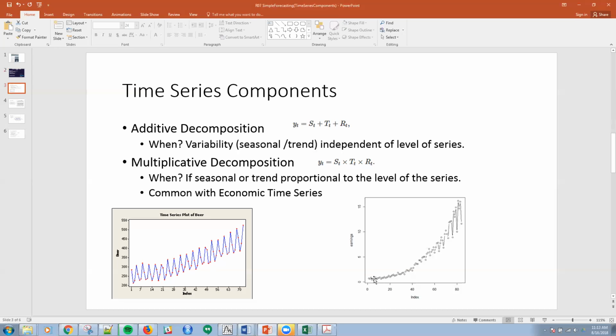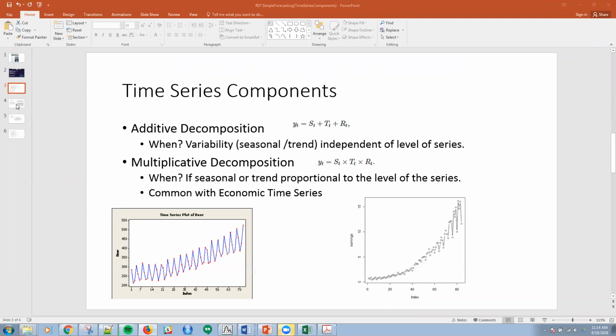This is not additive, but actually multiplicative. So the trend is exponential. How do we model that? Essentially, the time series Y sub t is equal to the seasonal component times the trend component times the residual component. So instead of adding, we're multiplying. And this often happens in economic time series.